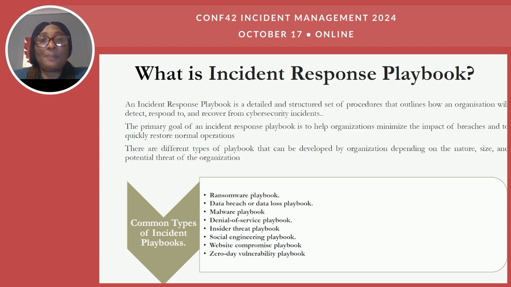There are more playbooks that can be developed, but the ones listed here are just a few. One is the ransomware playbook. We also have the data breach playbook, the malware playbook, and the zero-day vulnerability playbook. There are many other playbooks that could be developed by an organization based on the identified threats within their business operations as well as their size.